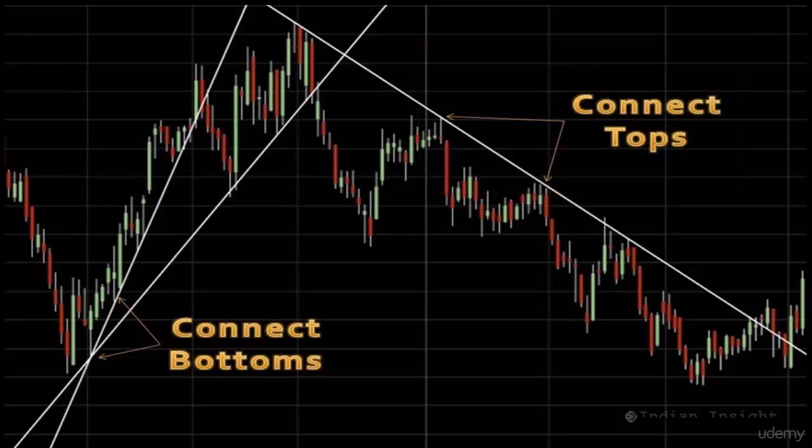So we have essentially connected two important established bottoms in order to create an uptrend line. Similarly, we have connected two established tops in order to create a downtrend line.